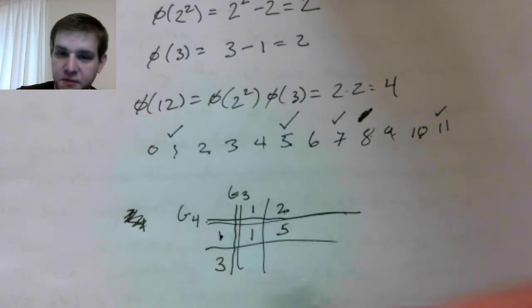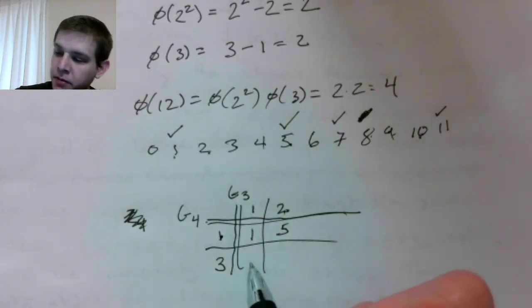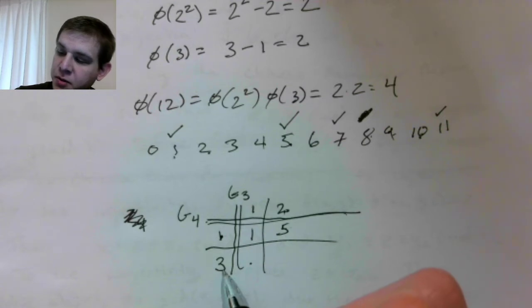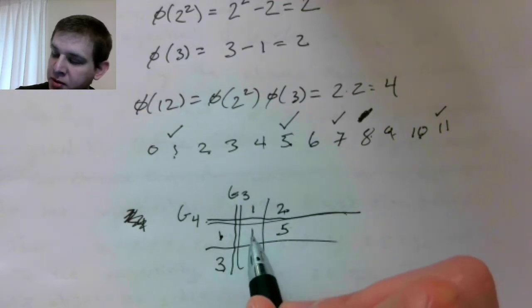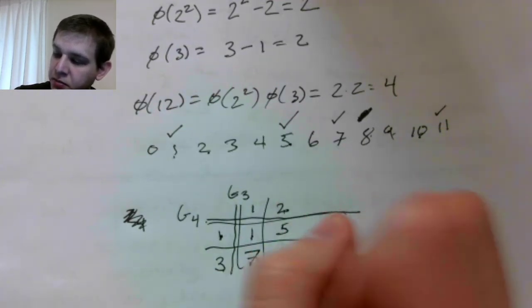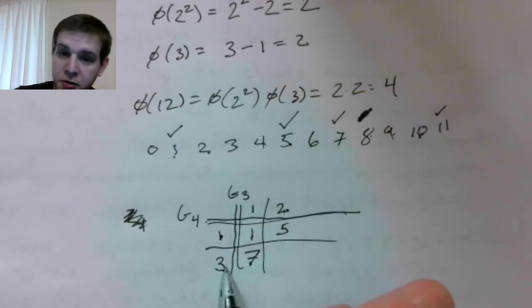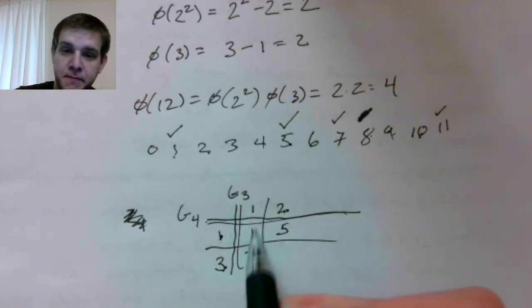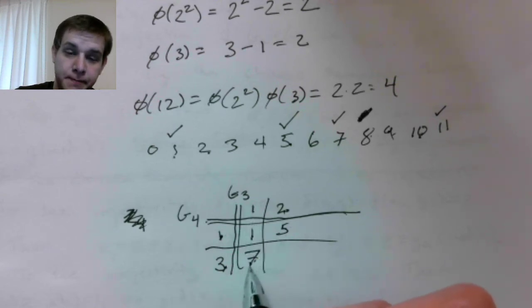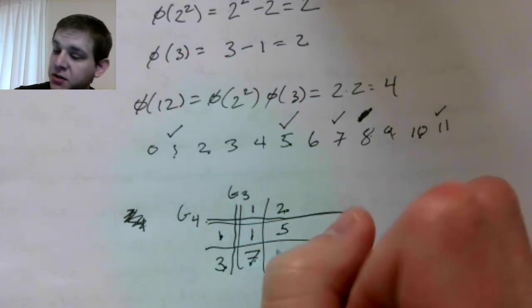These are the elements of G_4. For this one, I need it to be 3 more than a multiple of 4 and 1 more than a multiple of 3. That's going to be 7. This is 3 more than a multiple of 4 because it's 4 plus 3. And it's 1 more than a multiple of 3 because it's 6 plus 1. Which means that the last one has to be 11.